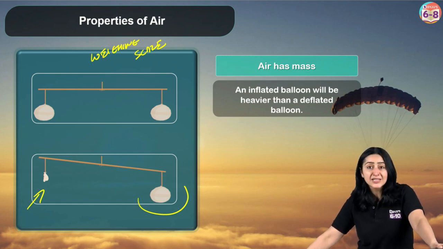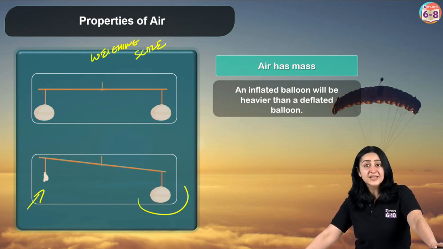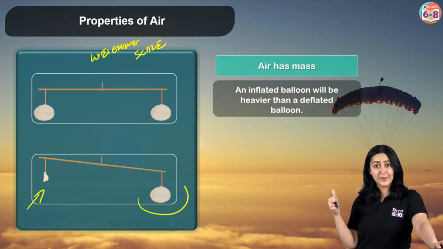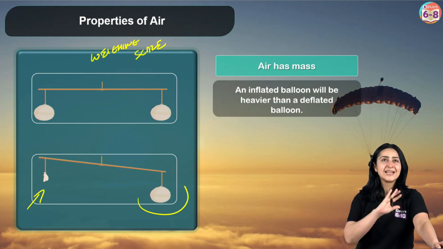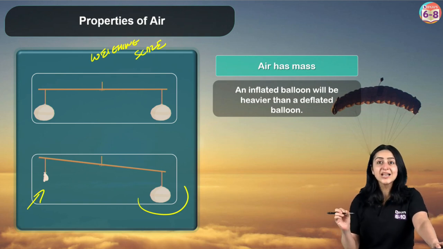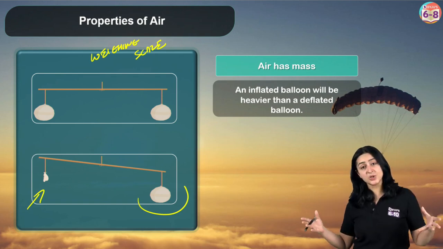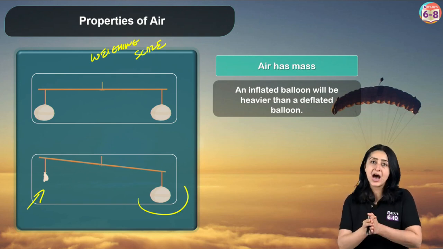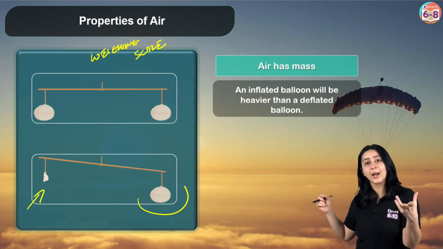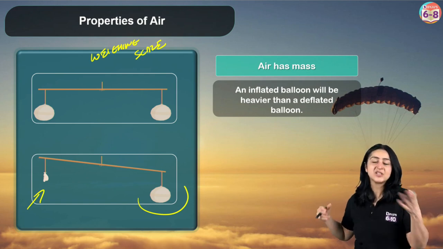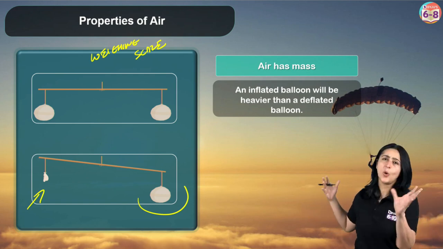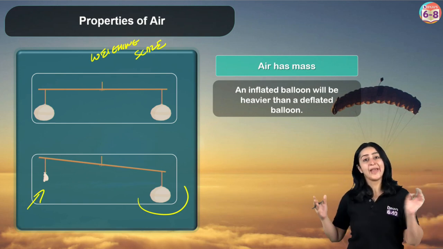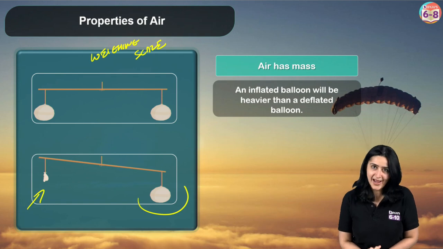So what are the properties that we've covered so far? We've said that air is all around us, but we can't see it, so it is invisible, transparent, colorless, and odorless. It occupies space, which we know when we fill a balloon, and air has mass, because a deflated balloon is basically lighter than a filled-up balloon, right?